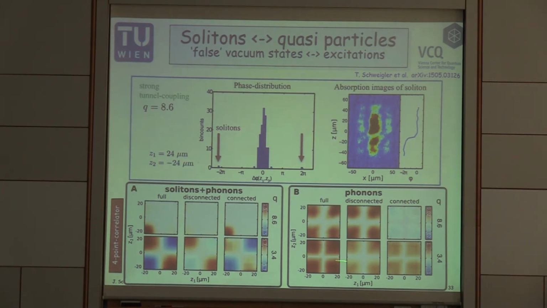It's suggestive that the connected part stays there even if I take out the solitons, in a regime where we should also have a connected part if we don't cool fast but cool very slowly.